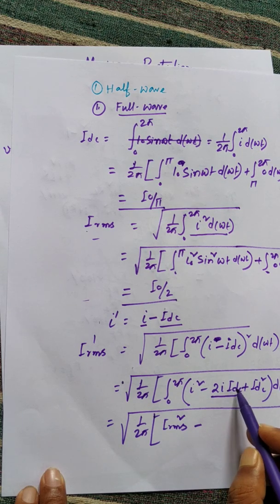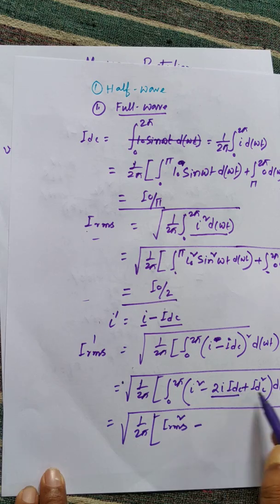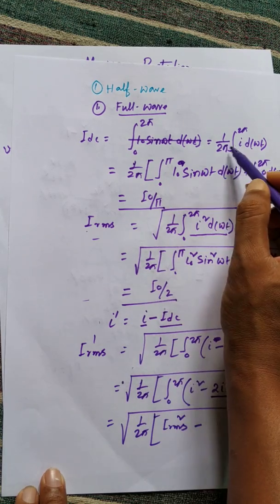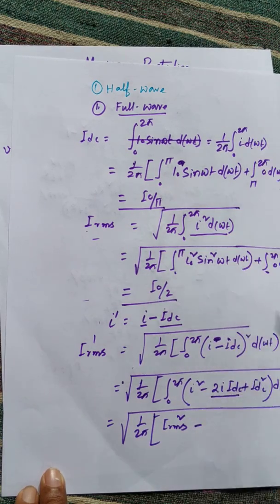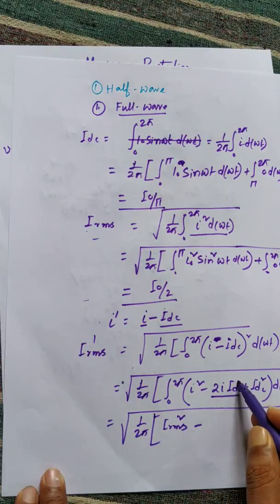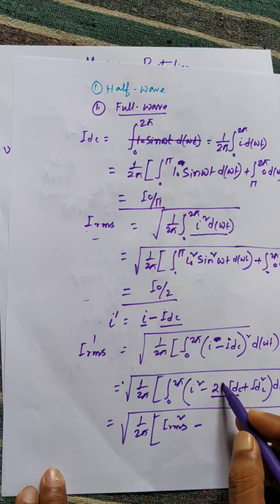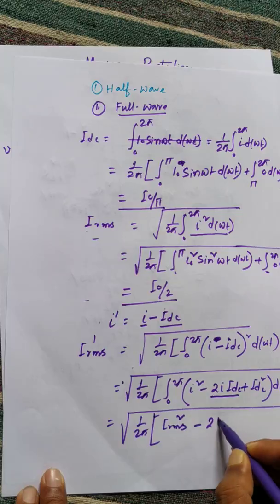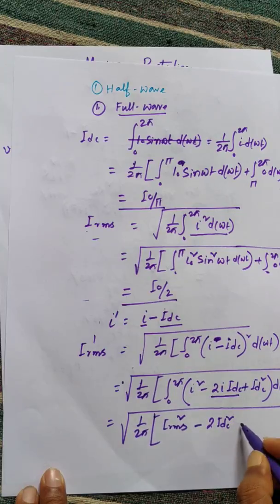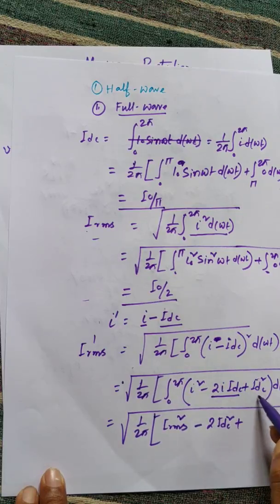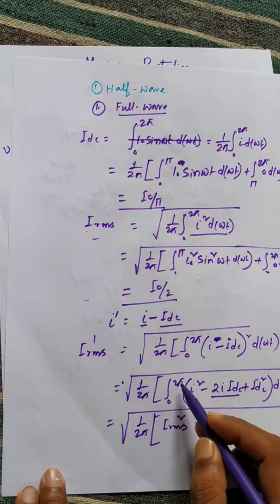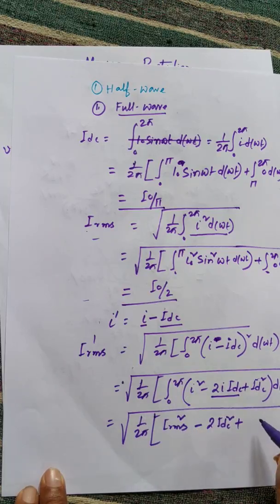See the second part here, IDC is constant, so the integration will be 1 by 2 pi, integral 0 to 2 pi, of I d omega t, and this is the average value. So already IDC is here, and this will be 2 IDC square, plus here IDC square, the average will be constant, so 1 by 2 pi, integral 0 to 2 pi, of d omega t gives 1, so this is equal to IDC square.